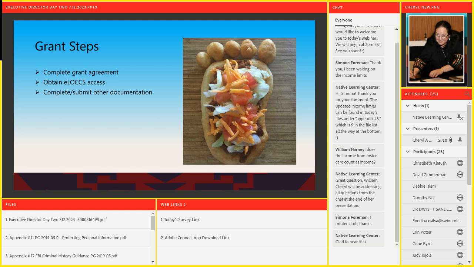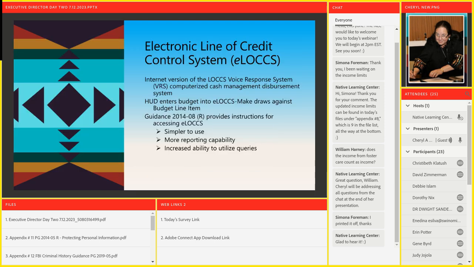So your grant steps: you complete that grant agreement, you obtain that ELOCS, make sure you get in there and you at least query it once a month. You don't want to get locked out of ELOCS. It's a pain. Complete and submit all your other documentation. ELOCS is an electronic line of credit control. We used to dial for dollars, basically, and HUD enters your budget, ELOCS amounts, and makes draws against your line item.